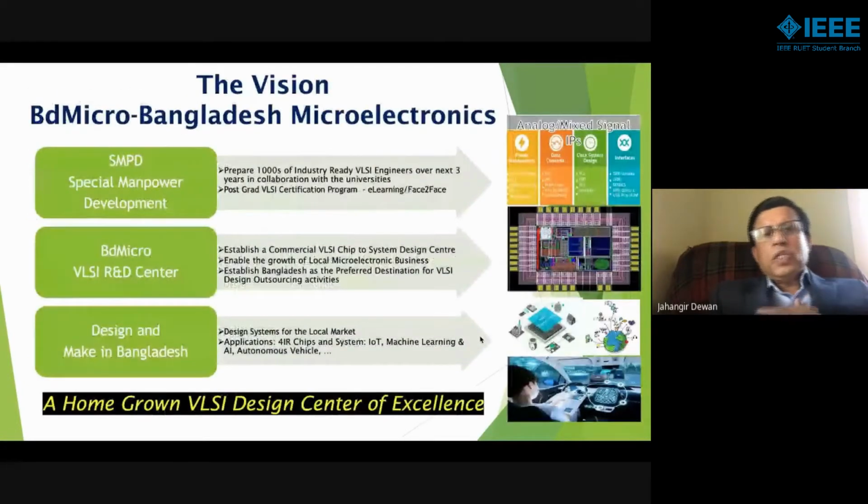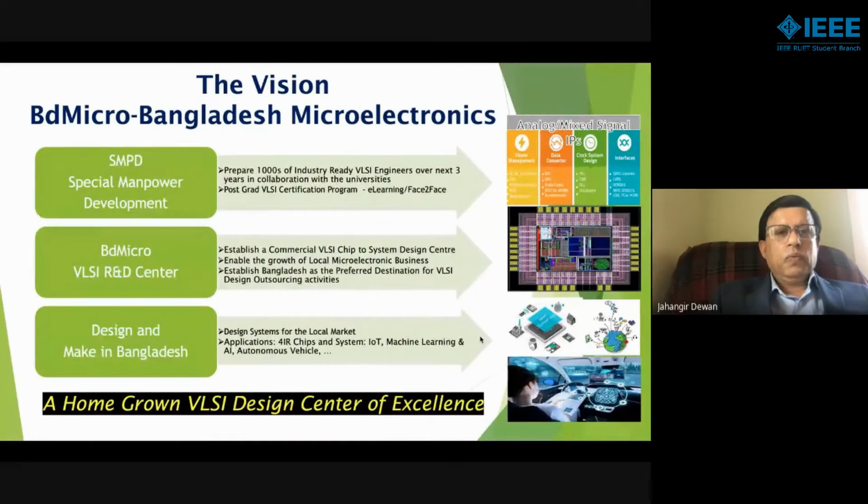Here is my vision for BD Micro, which is the Bangladesh Microelectronics Design Center. What we want to start with is special manpower development with the universities. Say we want to create 1,000 graduates in the next 1 year or next 3 years. Similar kinds of programs we are talking about with the ICT ministry, and I think RUET is one of the interested partners on that program.